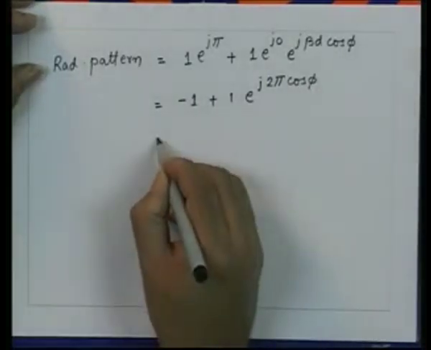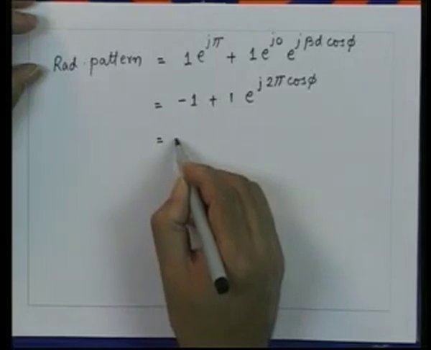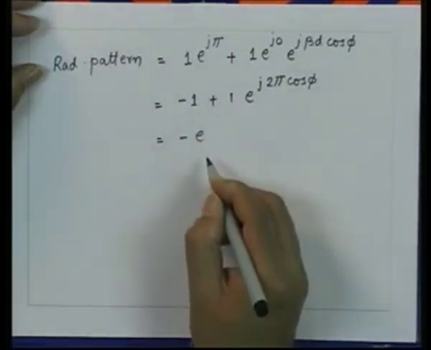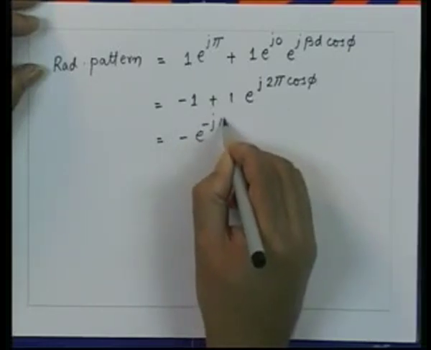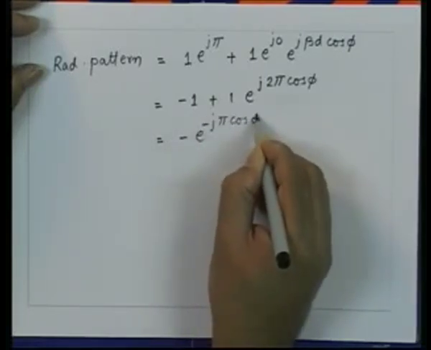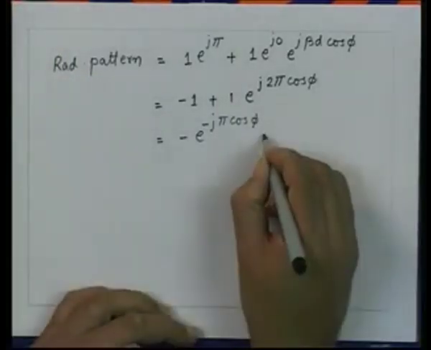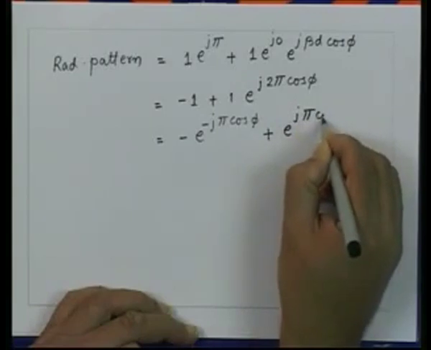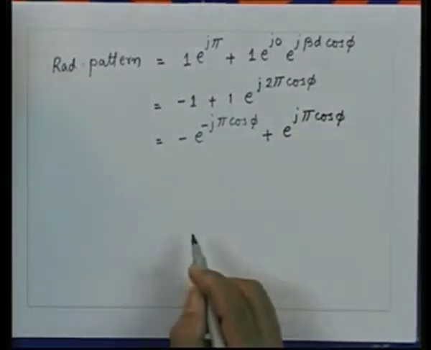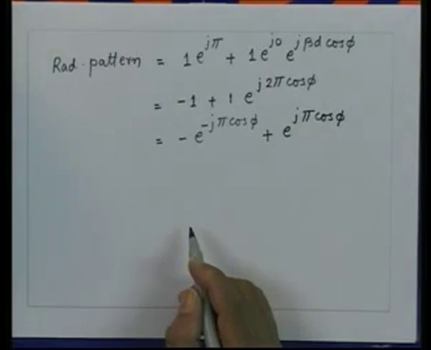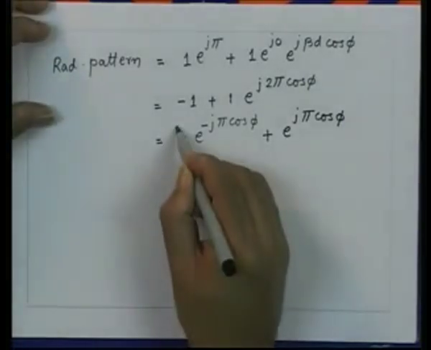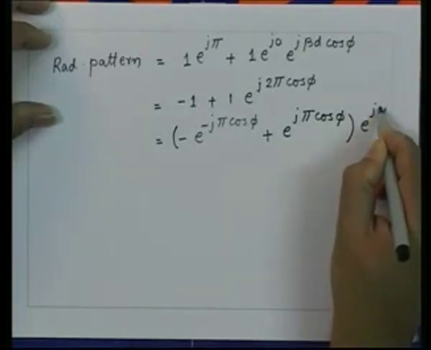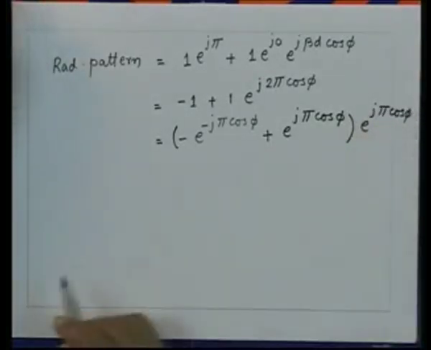So, this will become equal to minus e to the power minus j pi cos phi plus e to the power j pi cos phi, that multiplied by e to the power j pi cos phi.